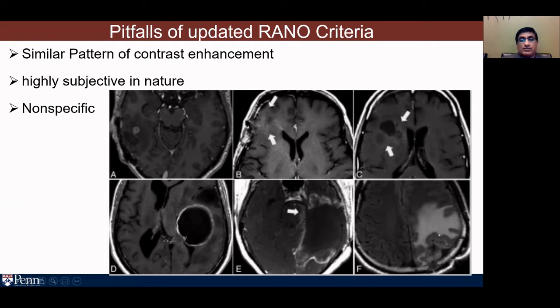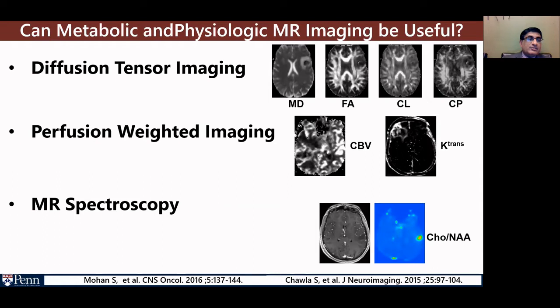And what happens when there is no enhancement? I think 10% of GBM cases don't enhance at all. So in those cases, this updated RANO criteria will not work. So there are a large number of pitfalls or limitations associated with conventional neuroimaging. Now the question is, can we use metabolic or physiologic MR imaging to make the correct diagnosis of TP and PSP?